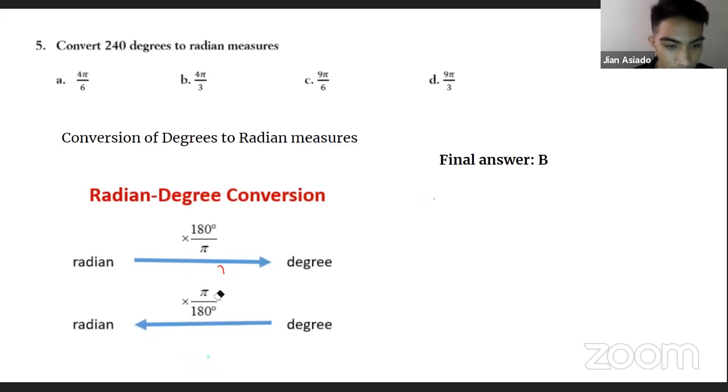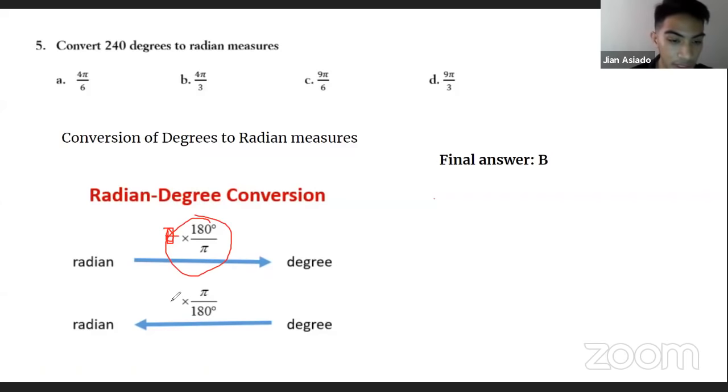Okay, and then number 5. If you're converting degrees to radians, you should be familiar with this, especially when taking science courses. To convert radians to degrees, say you have theta in radians, you just multiply by 180 degrees over pi.